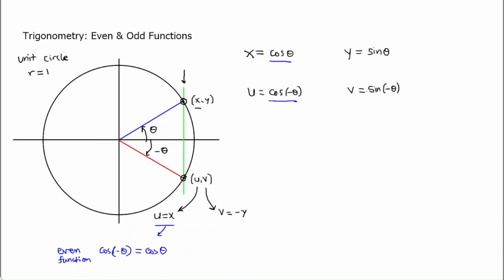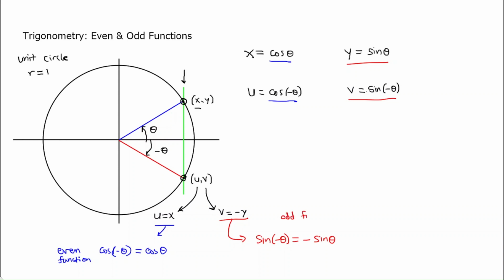Now on the other hand, y is equal to sine theta, and v is equal to sine of negative theta. So if v is equal to negative y, that means we can take sine of negative theta and set that equal to the negative of sine theta.